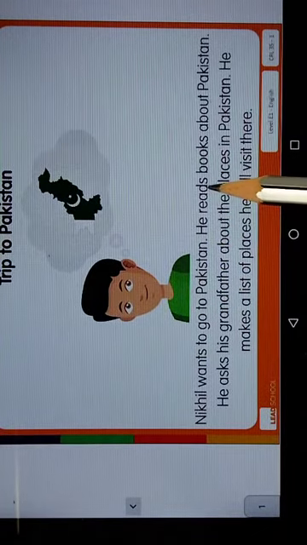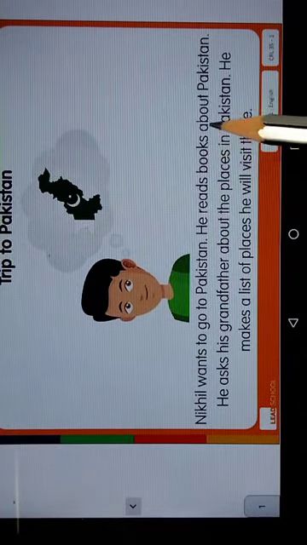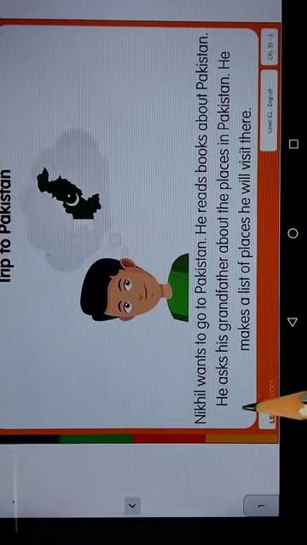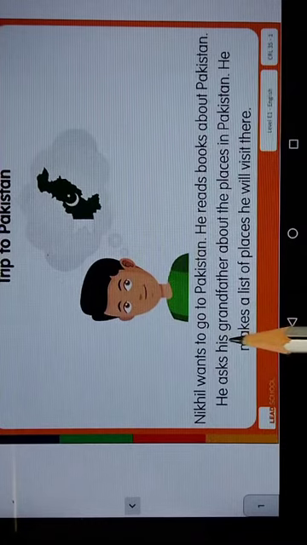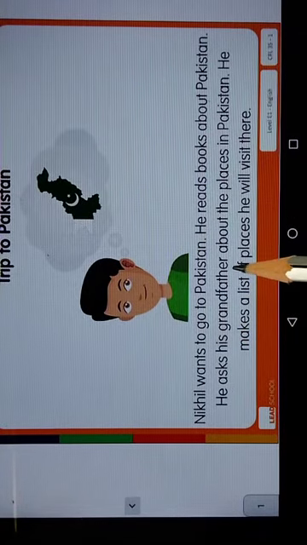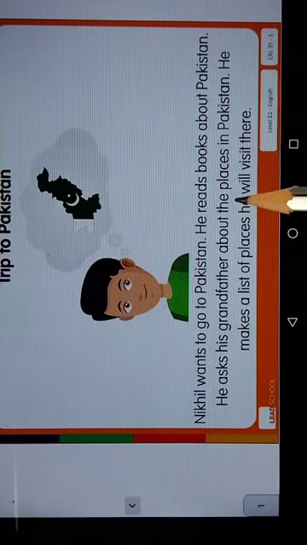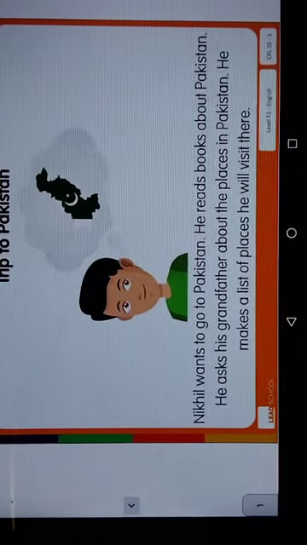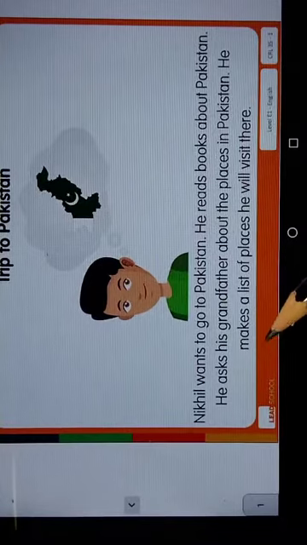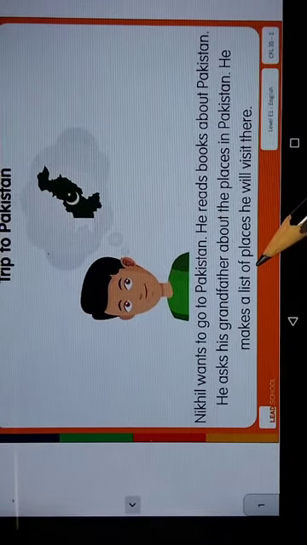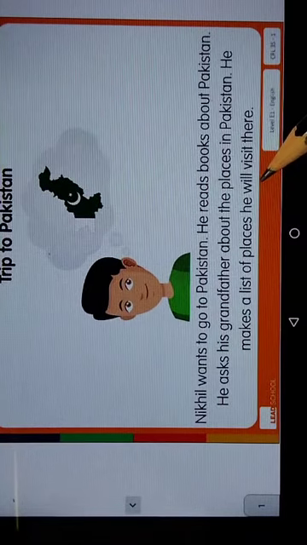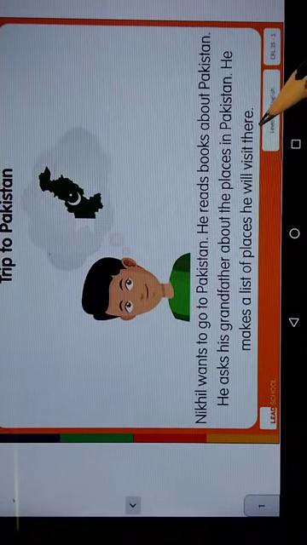He reads books about Pakistan. He asks his grandfather about the places in Pakistan. He makes a list of places he will visit there.